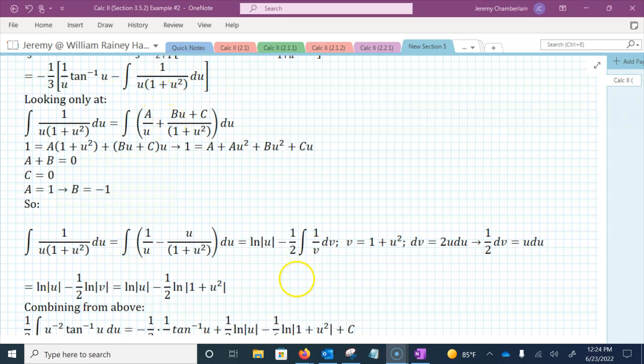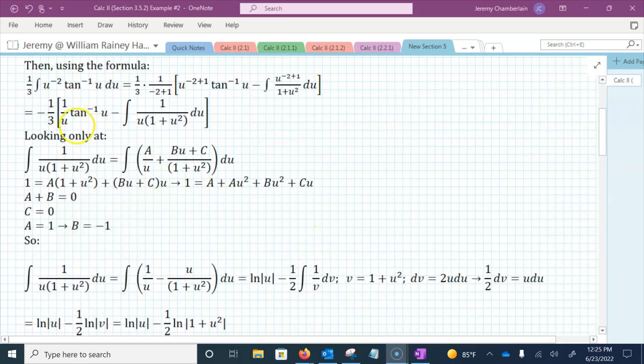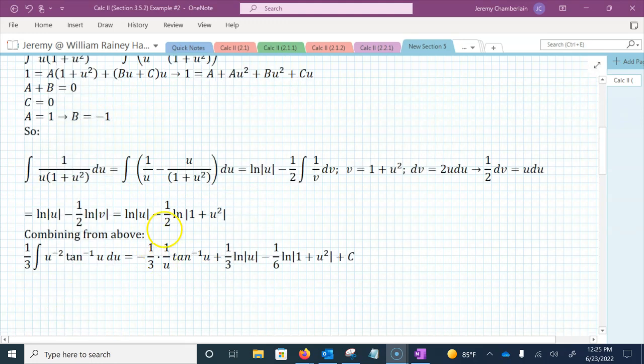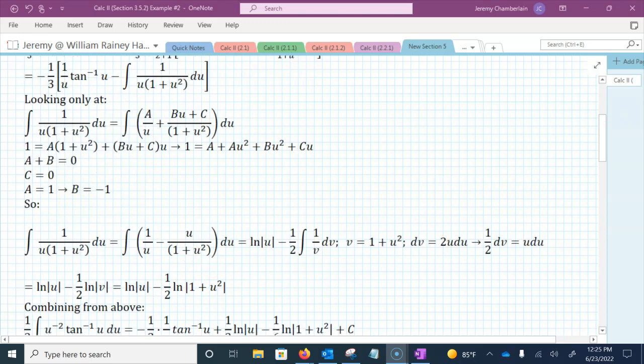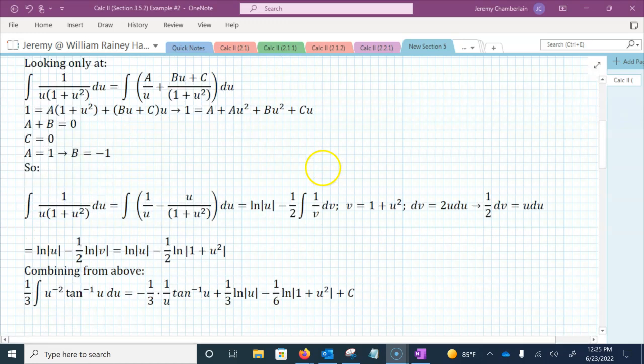Okay, so now we can go back and combine from above. So there's the minus 1/3 times 1 over u, inverse tangent of u. And then from this piece here, we have minus 1/3 times the minus, which is going to be positive 1/3 times all of this.